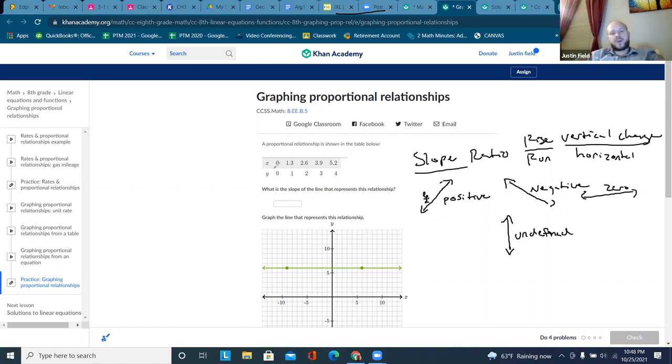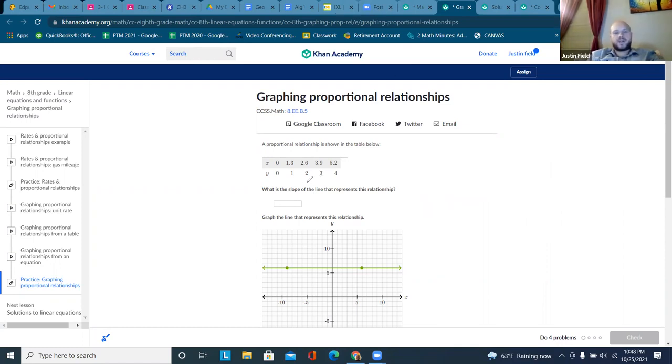Okay, so I said all that. Hopefully you wrote it down. You should write it down. But now let's just talk about the slope. It's the change in y over the change in x.